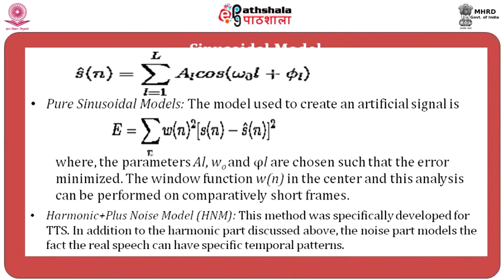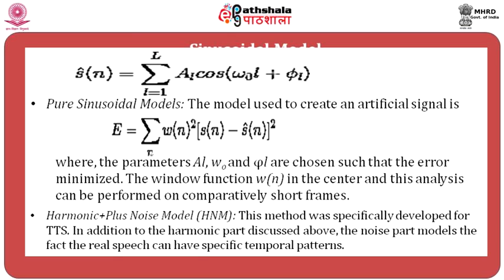Now we will describe another model, which is the sinusoidal model. It considers the summation of cosine curves, and you can see the formula for the summation, which is represented by S-hat of n equals the summation over l equals 1 to capital L of A_l cosine of omega_0 l plus phi_l.